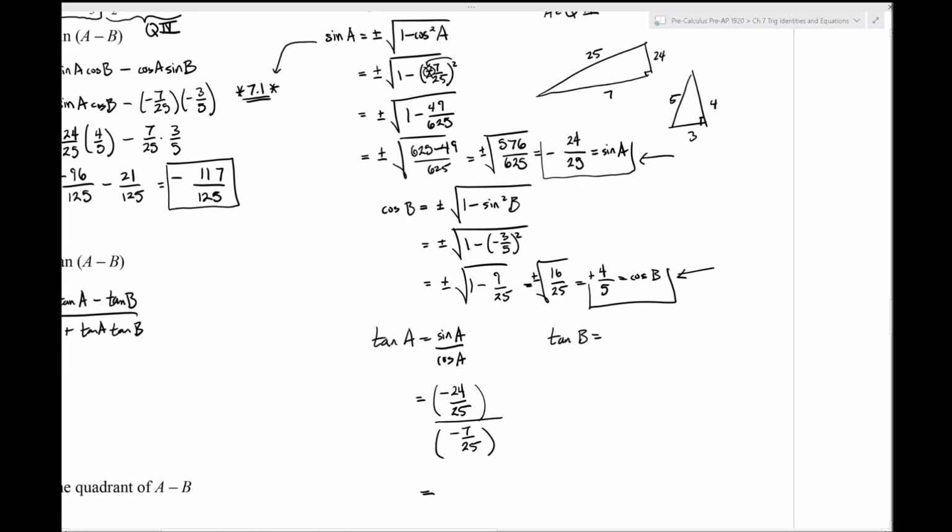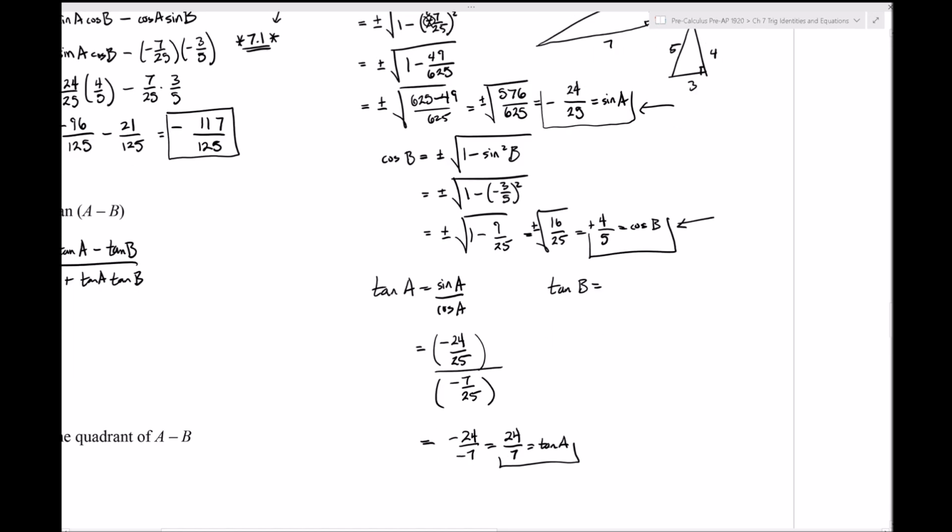You can do these tons of times, practice them over and over. They have the same denominators. Those denominators cancel out. You're left with negative 24 over negative 7, which is basically 24 over 7. Those don't reduce, because 7 does not divide 24.